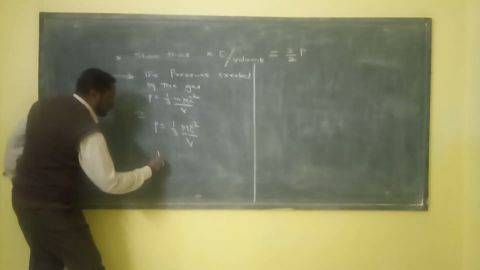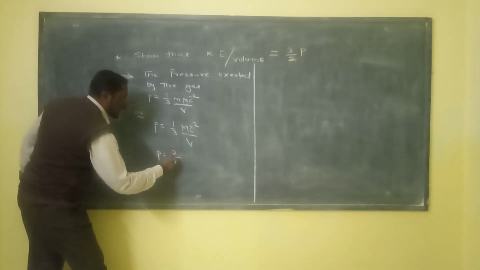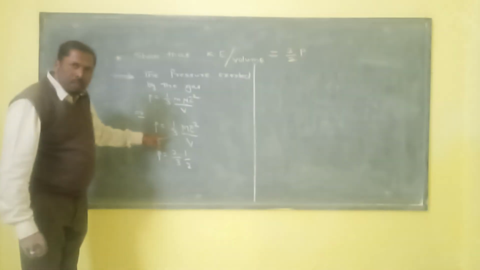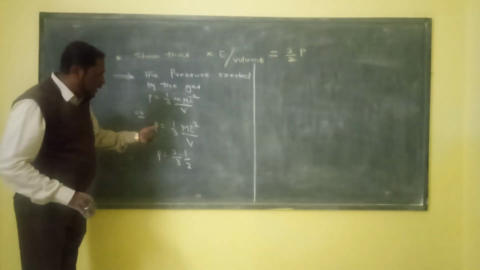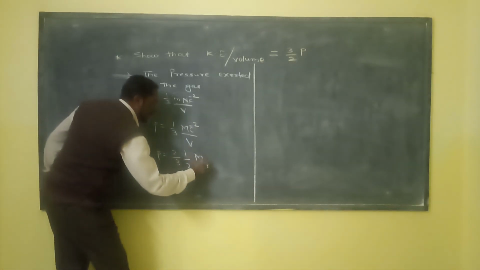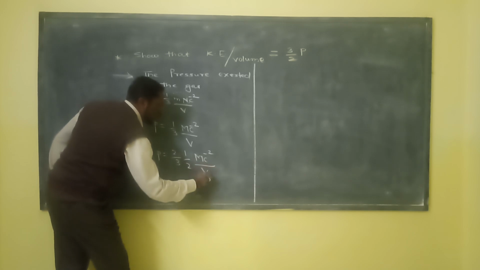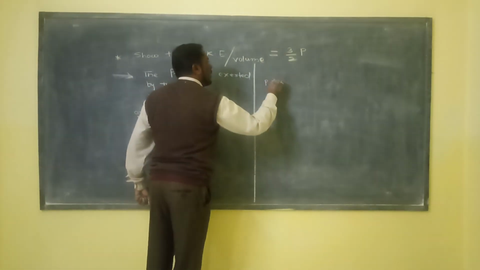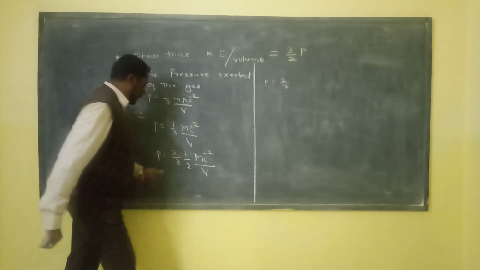How? Watch it. P is equal to, we can write 2 by 3, 1 by 2 here. 1 by 3 is there. We are adjusting it just by multiplying 2 to the numerator and 2 to the denominator. What remains here? M bar C square upon V. So P is equal to 2 by 3 as it is.